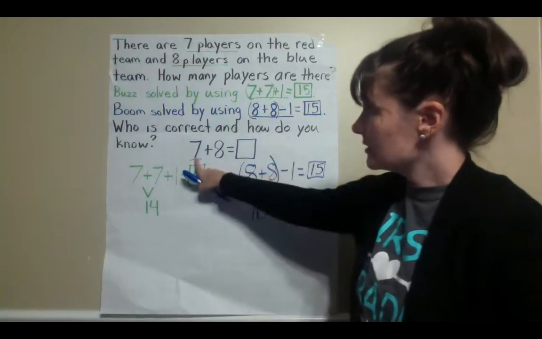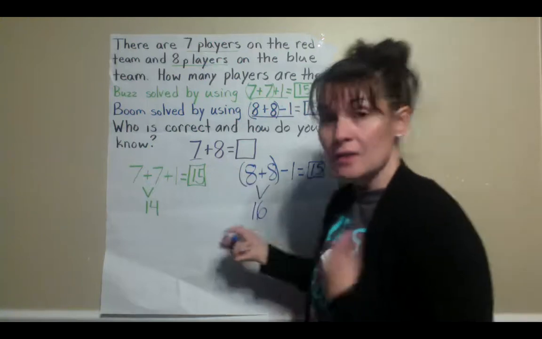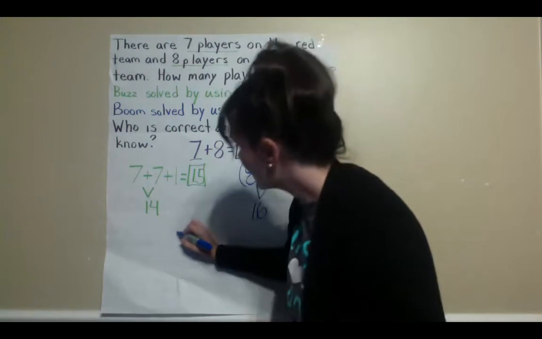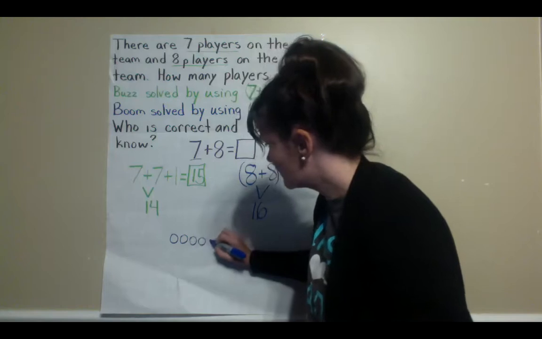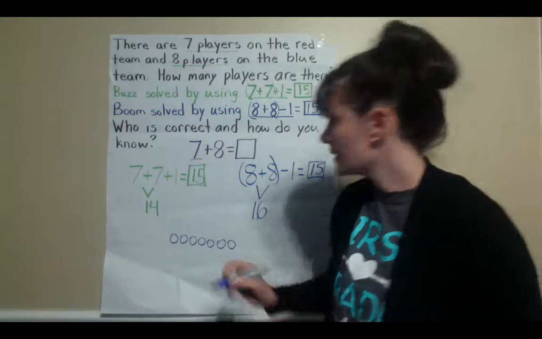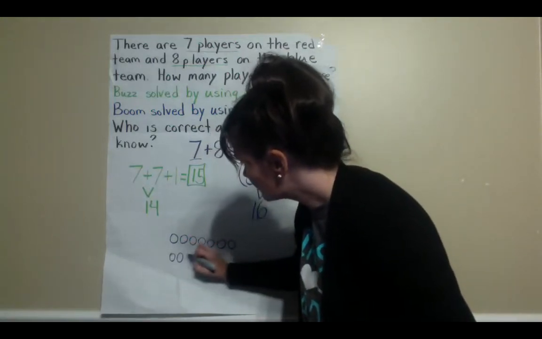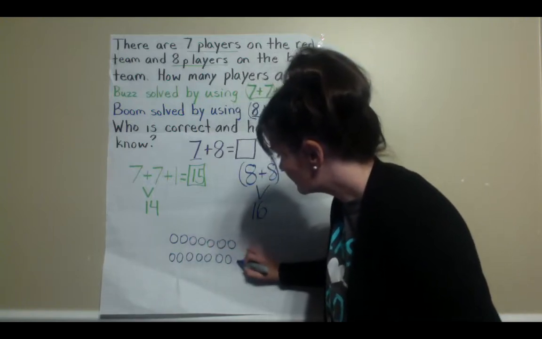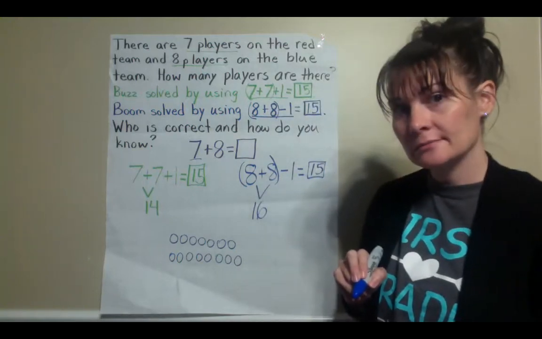What is 7 plus 8? Well, I can solve it using a model. I'm going to double check my work. I know that I have 7, there's my 7 plus 8. What do you notice?